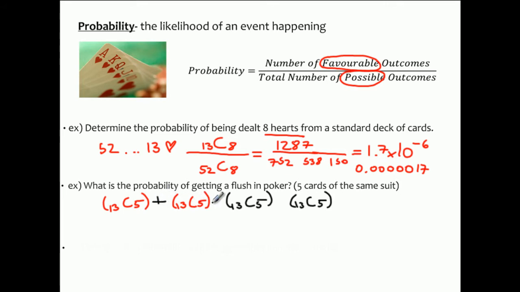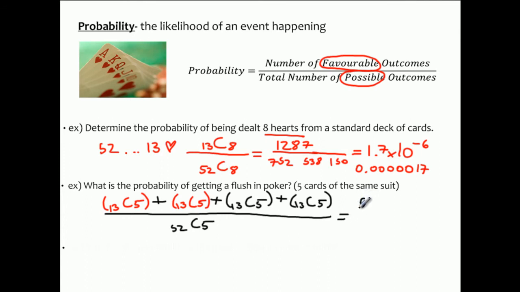So either this or this or this or this is a favorable outcome. So we can have a flush in hearts, diamonds, spades, or clubs. So if we're concerned with either this or this or this, we add those numbers together and we divide by the total possible ways that we can get a 5-card hand.